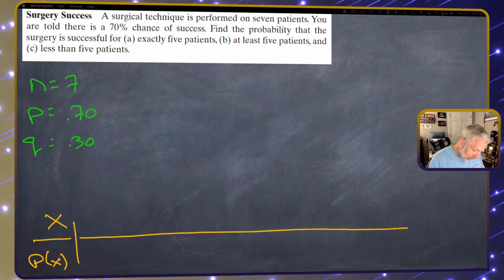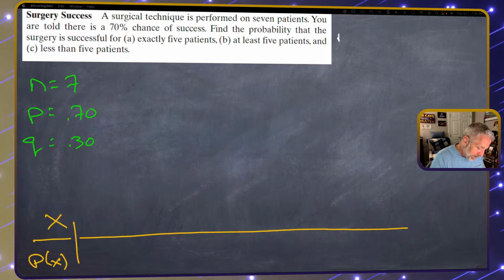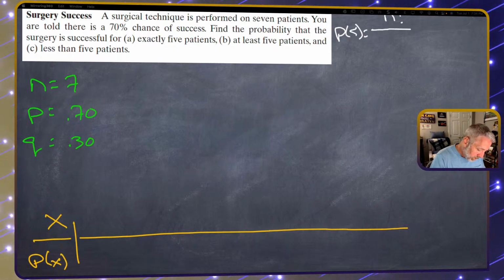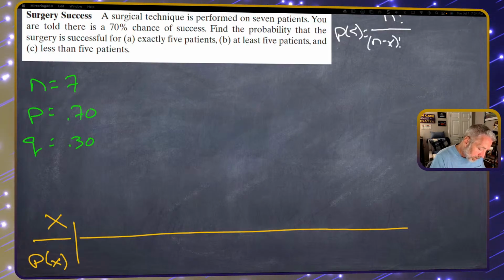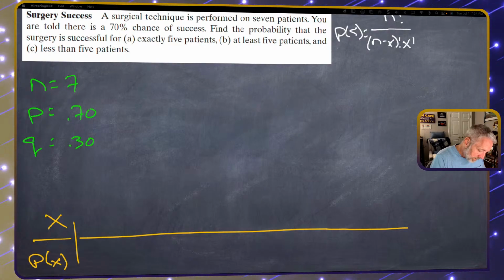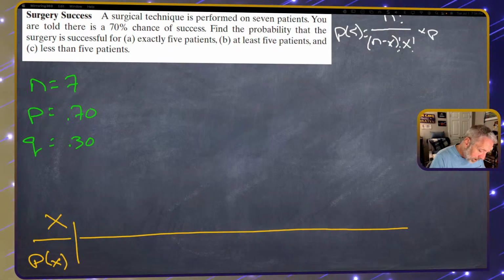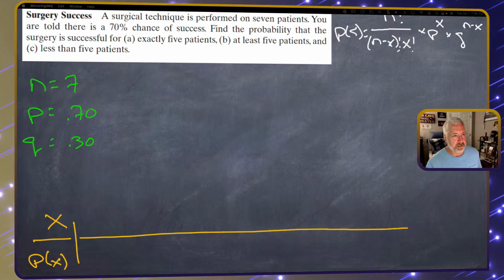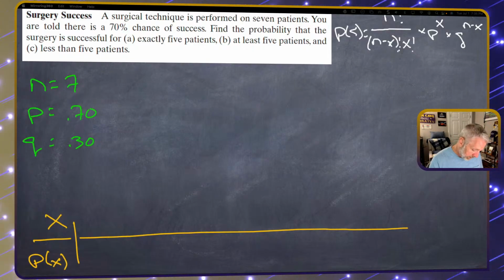But remember, if I wanted to, like for that first one, exactly 5 patients, I could go probability of 5 equals n factorial over n minus x factorial, because we're working with a combination, then x factorial, times probability of success to the x power times probability of failure to the n minus x. There it is. We could use that if we wanted to. We're going to use the calculator.